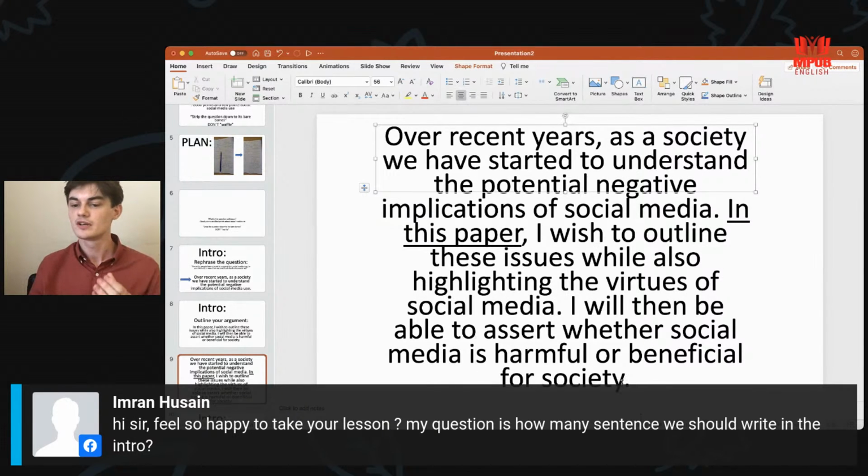Keep it simple, keep it concise, accurate. Rephrase the question in your first sentence. Give an overview of what you're going to talk about in your second sentence, so in this paper, I wish to outline these issues. And then say what you're going to conclude with: I will then be able to assert whether social media is harmful.